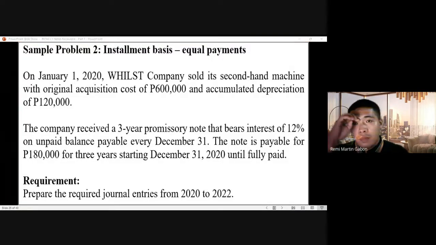Meaning, instead of paying entire amount of 540,000 on a lump sum basis sa 2022, just like what we have in the previous problem, yung ginawa dito installment basis, hinati sa tatlo yung 540,000. Equal amounts of 180,000. The same pa rin yung requirements, journal entries from 2020 to 2022.